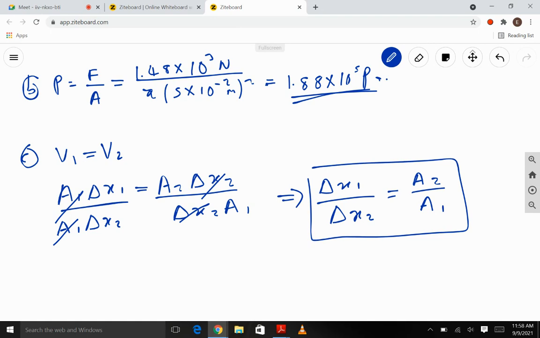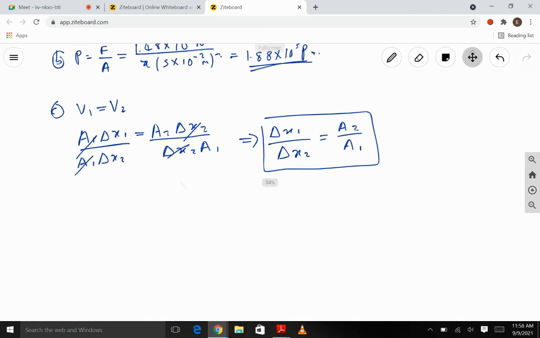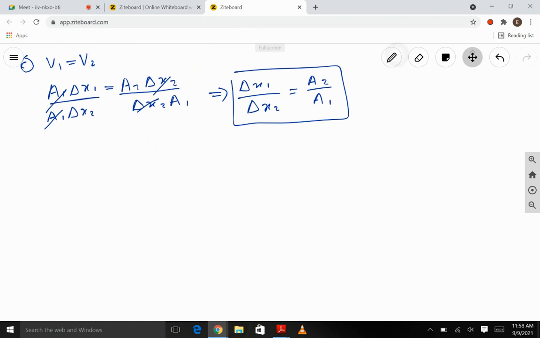So let's just follow through. Now, we know that there is a relationship between the forces that we have in Pascal's principle, isn't it? And they are related by the areas. So remember we said P1 is equal to P2.